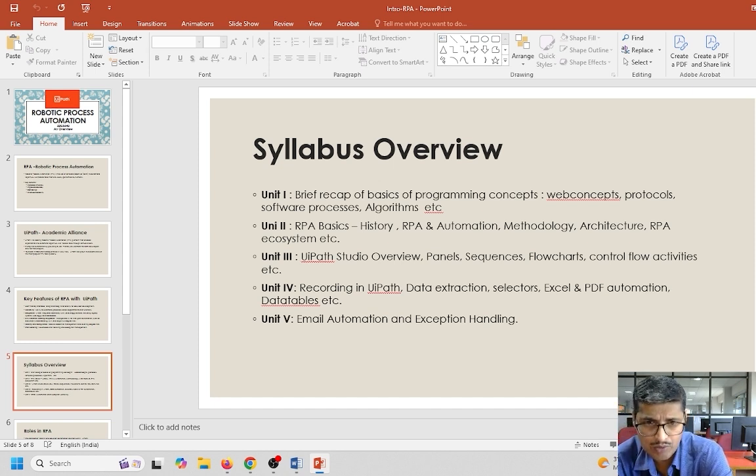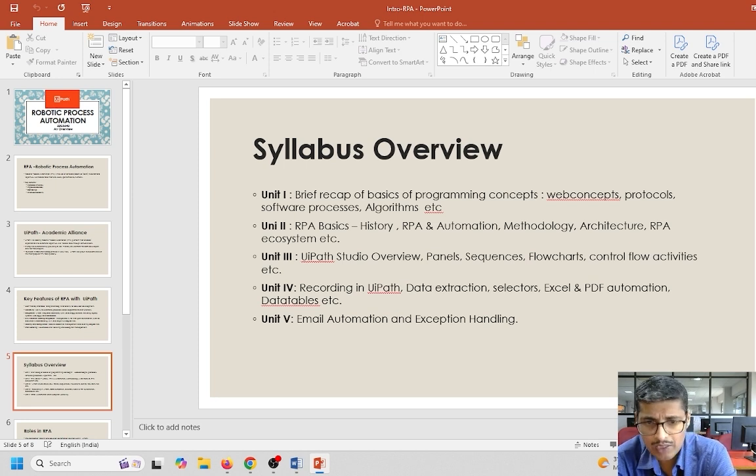All those things will be demonstrated in unit 3. Coming to unit 4, it is going to be recording in UiPath. Whenever you generate the bot, how to record it, how to do data extraction, meaning how you are going to extract the data from Excel or some other files, how to keep the selector field from the Excel, and PDF automation. Those things will be discussed in unit 4.